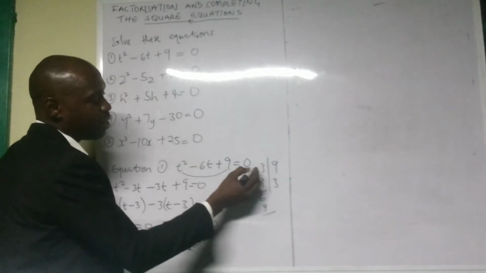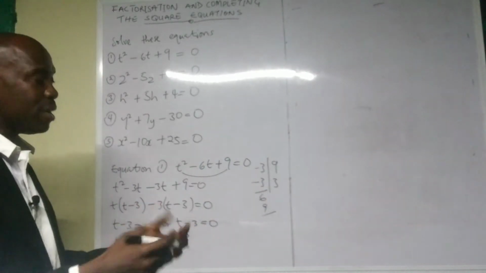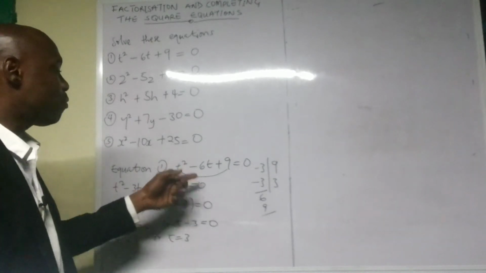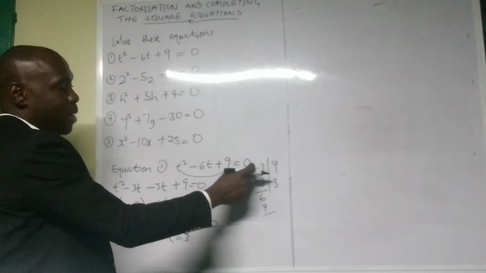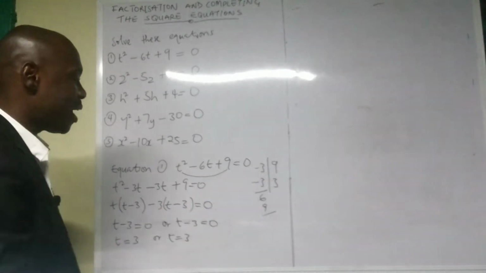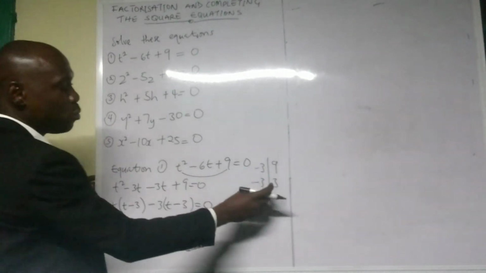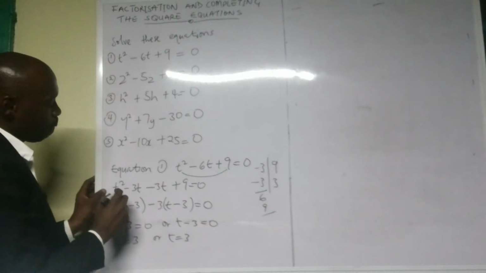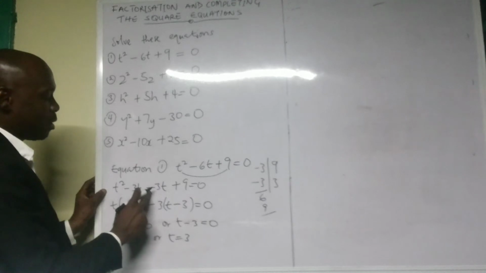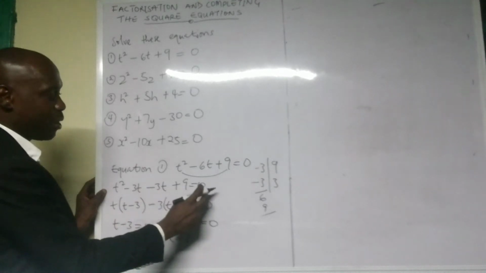If you put negatives here, adding two negatives together, you're going to arrive at negative 6. That means minus 3 plus minus 3 is going to give you minus 6. So we will now input this into our equation: t squared minus 3t minus 3t plus 9 equals 0.